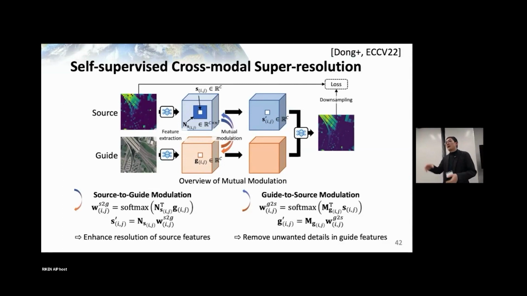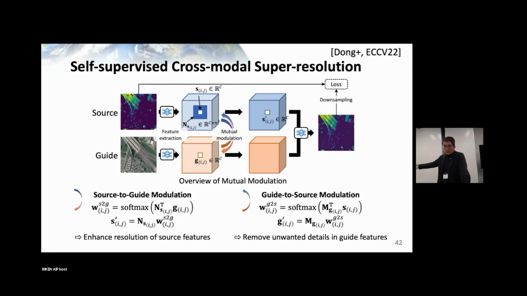Spatial filtering is a very, very basic element in image processing. After extracting features, we compute the spatial filter kernel weights by calculating the correlation between the current pixel of interest and the features of the neighboring pixels, but taken from another modality's features. And we can do it the other way around to create two different spatial filterings.